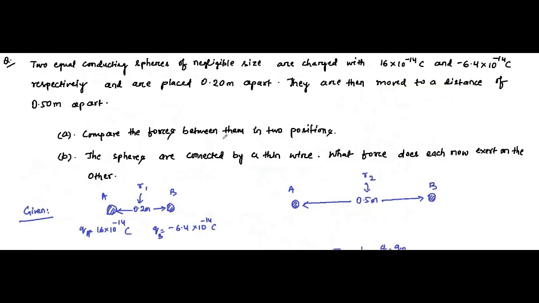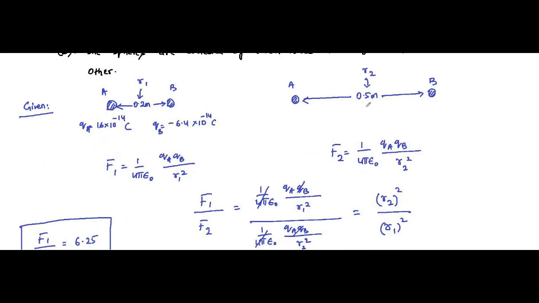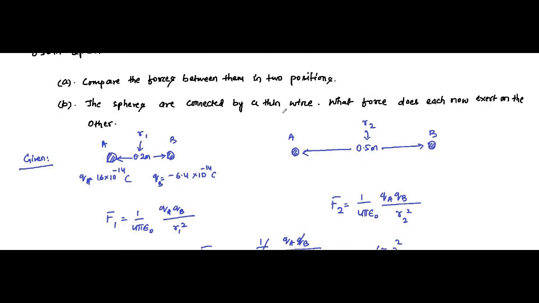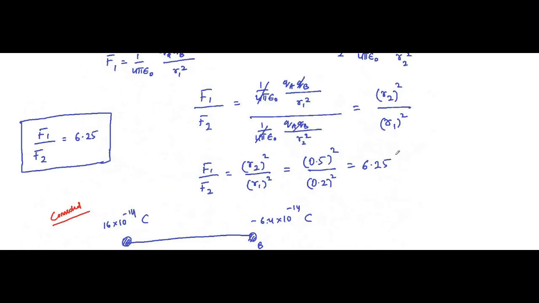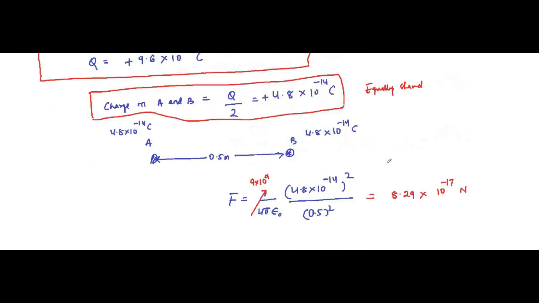Always read the question very carefully and attempt it in the sequence in which the data is provided. Finally it is given at last that they are moved to a distance of 0.5 meter, so now the separation distance is 0.5 meter. After being moved to 0.5 meter, these spheres are connected by a thin wire. So this is the whole concept.